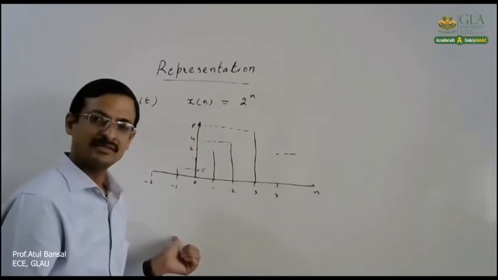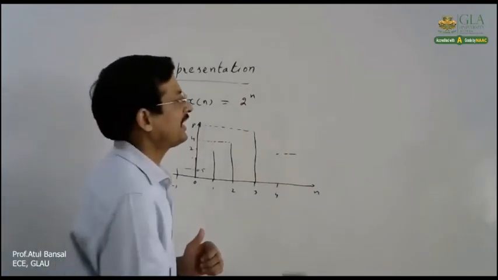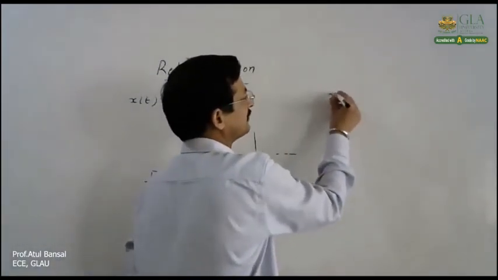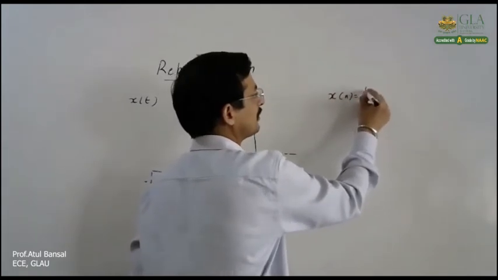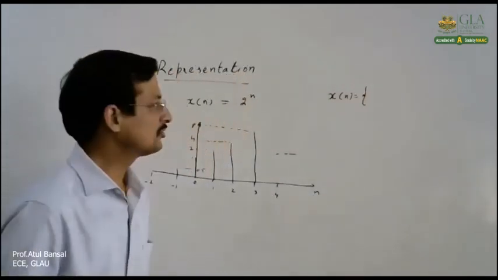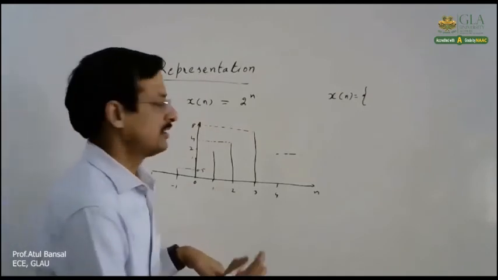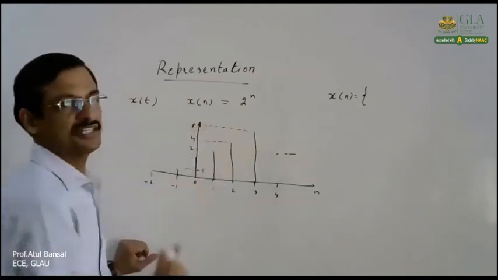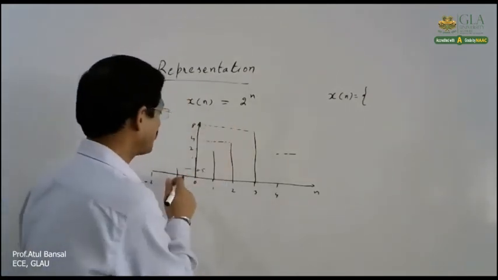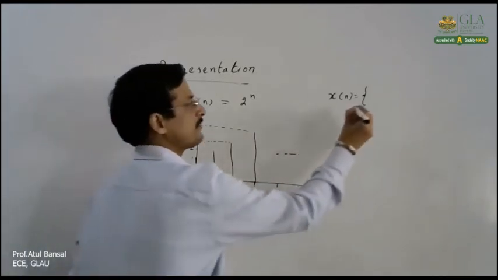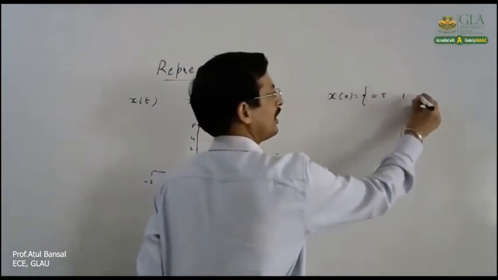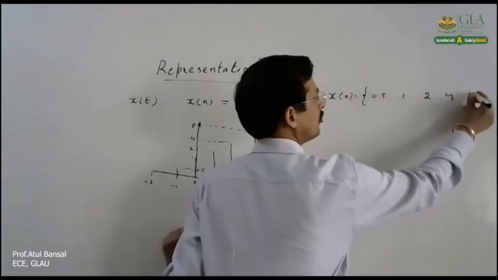Then the third method is using set theory. I can say x(n) is equal to these curly brackets, in which I write the magnitudes at discrete instants. Like if I talk about the same signal, we can say 0.5, 1, 2, 4, 8.